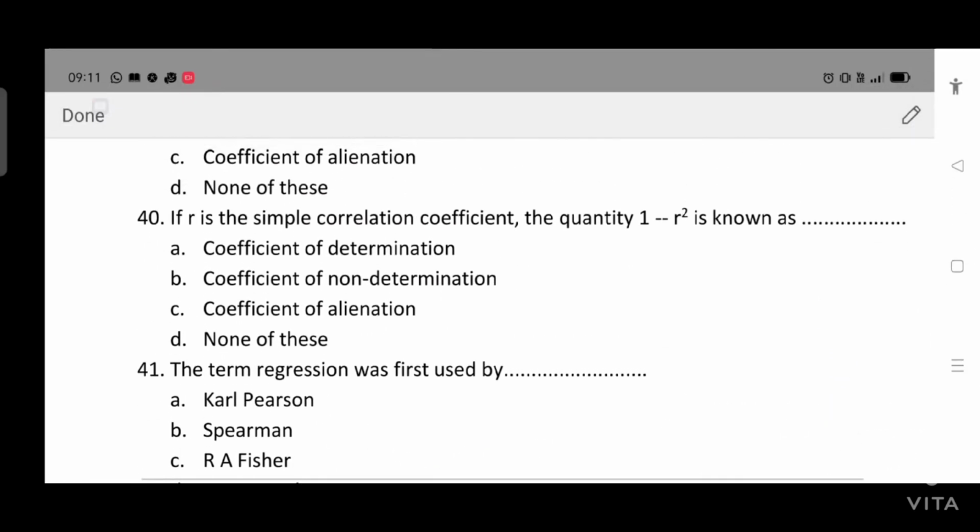If r is the simple correlation coefficient, the quantity 1 minus r square is known as dash. A, B, C, D. Coefficient of non-determination.